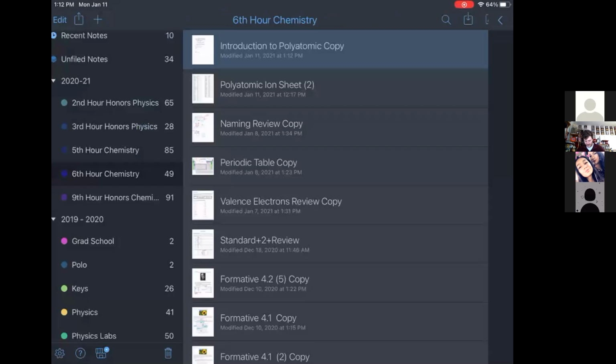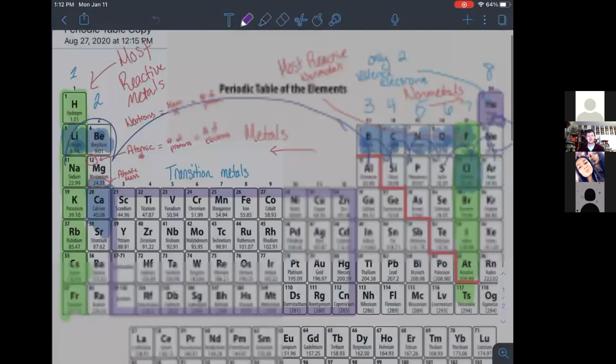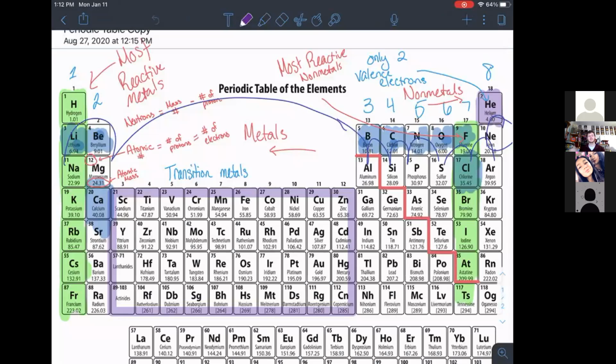Let's look at our periodic table. We know our transition metals, those elements in that middle section, groups 3 through 12, are the ones that have Roman numerals. Why are those elements different than all the other elements in all the other groups?